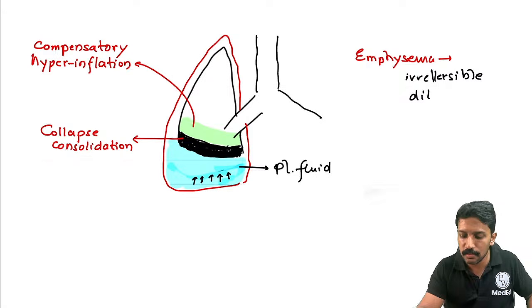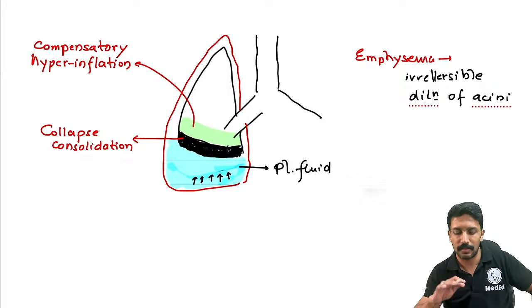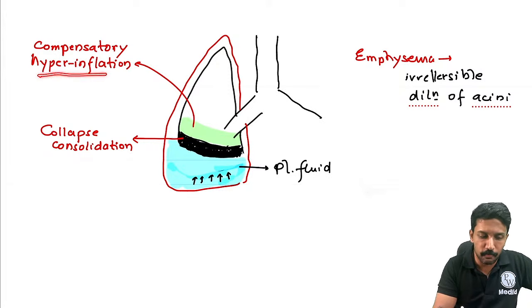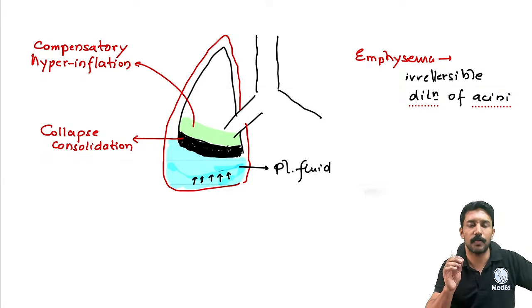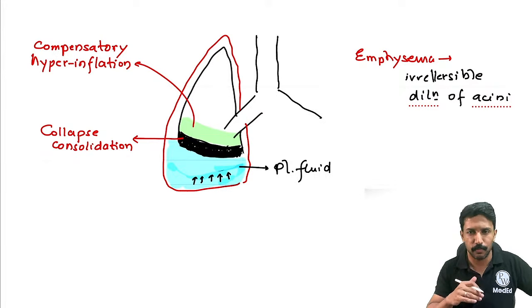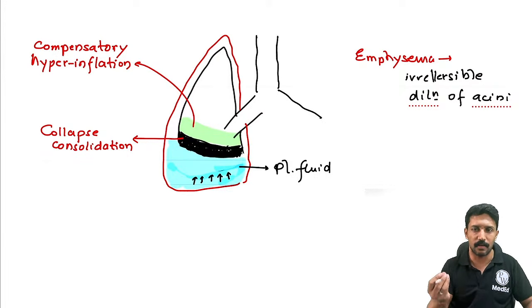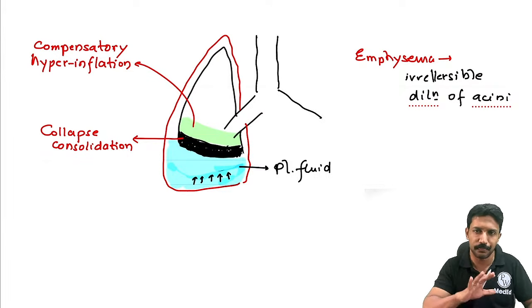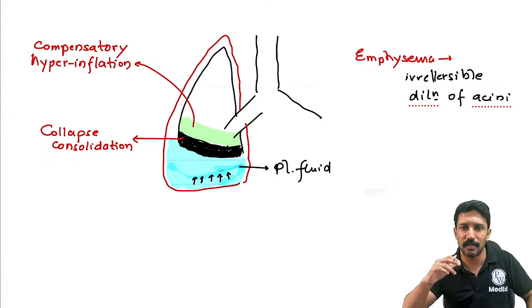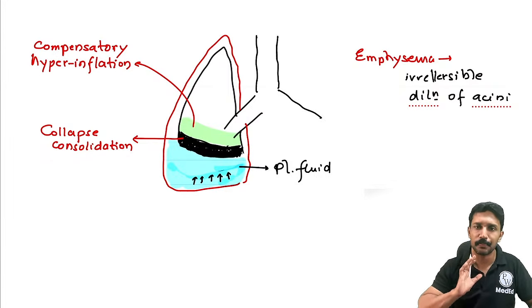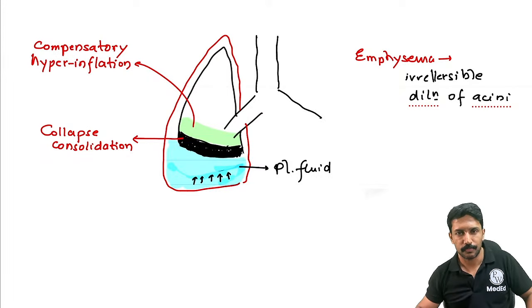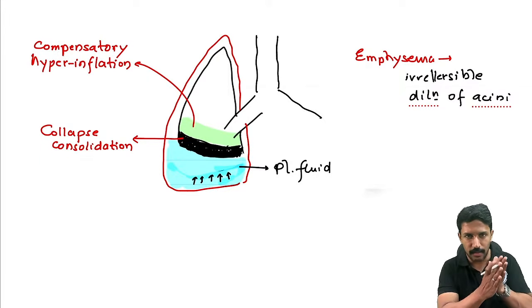So when there is irreversible dilatation of acini or alveoli, we call it emphysema. यहाँ पे irreversible नहीं है, that's why I would prefer to just label it as hyperinflation rather than calling it emphysema. But अगर कोई teacher ये term use करता है practical exam में, it's perfectly okay. You can consider it as compensatory emphysema or compensatory hyperinflation.